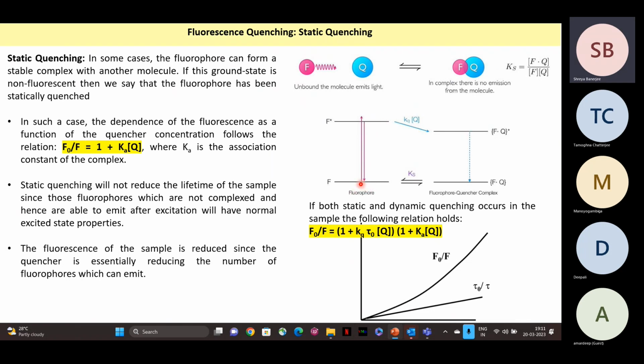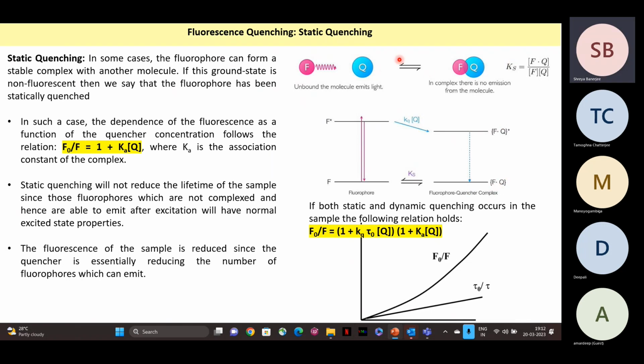So this is the fluorophore ground state. After absorption of the energy, it gets promoted to the fluorophore excited state. After binding with the quencher, it goes to the fluorophore quencher complex, and then non-radiatively, the energy is released and the fluorophore quencher complex goes to the ground state.